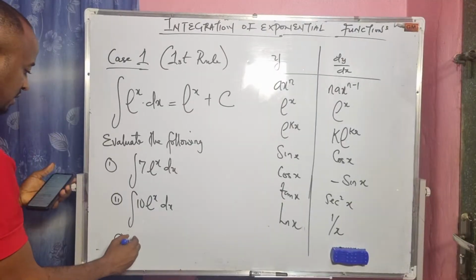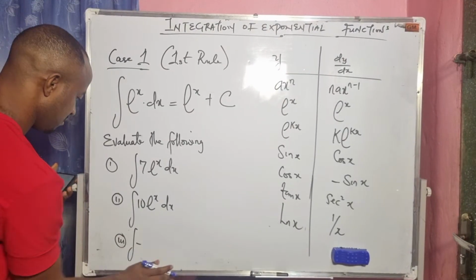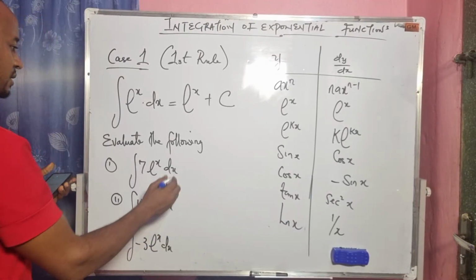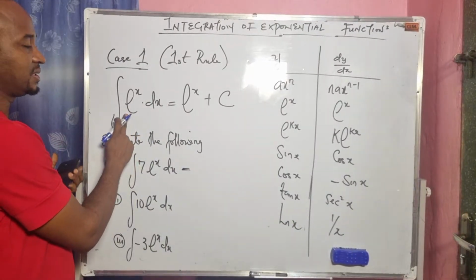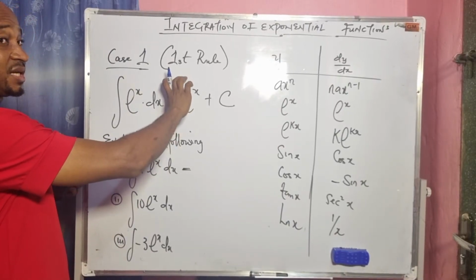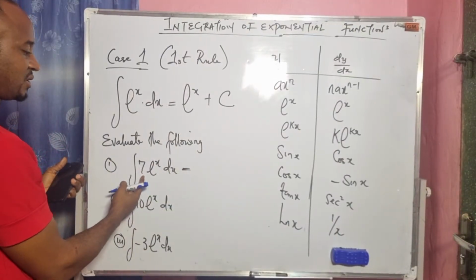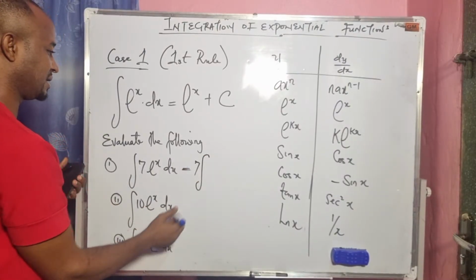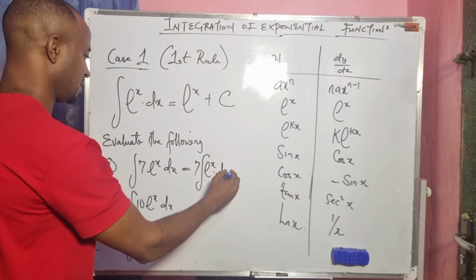Number 3, the integral of minus 3 e to the x dx. From what we have here, the rule says anytime we integrate e to the x, it remains the same, then we add c to it. To integrate this, don't forget that we have a constant term here. I have to factor out this constant term, then bring out the integral sign. We have e to the x, dx.